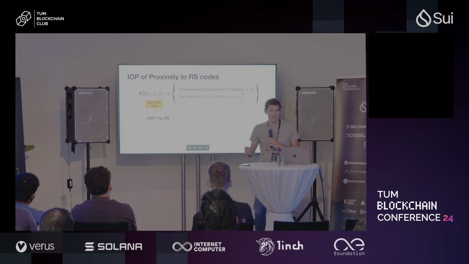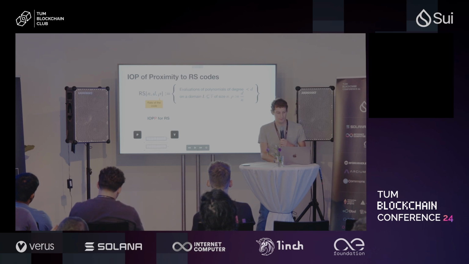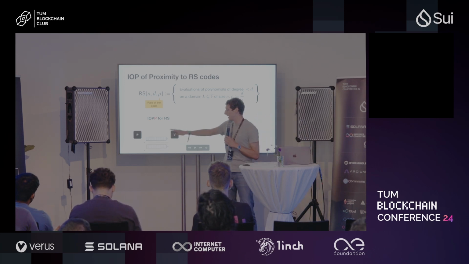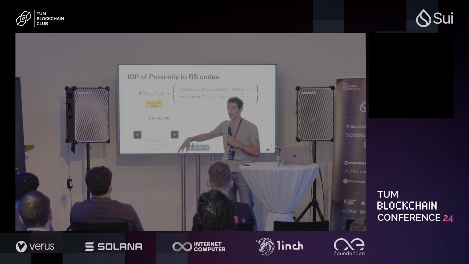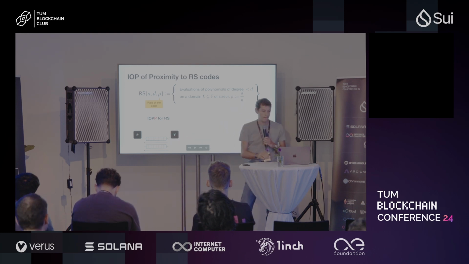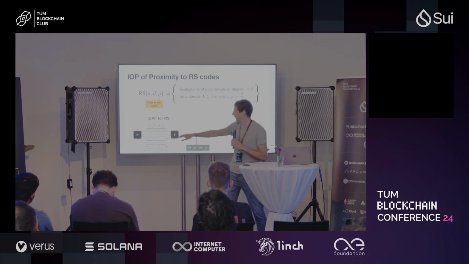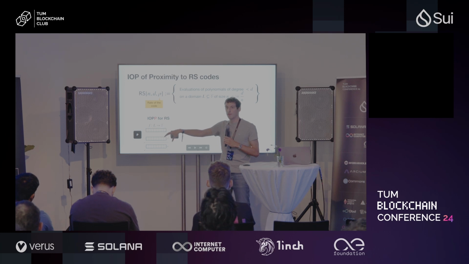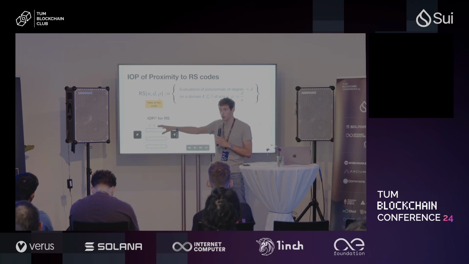Well, an IOP of proximity is just like an IOP. You have a prover and a verifier, and they interact like in an IOP. They send each other oracles, and the verifier can query these oracles. But now you have this function f, which is not given to the verifier as an input, but is also given as an oracle.